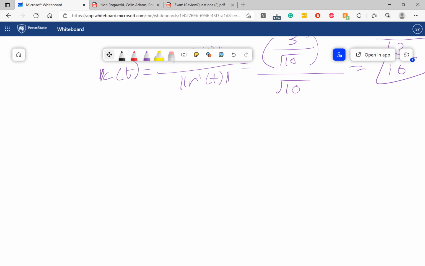So let's try another problem and just use a different formula.